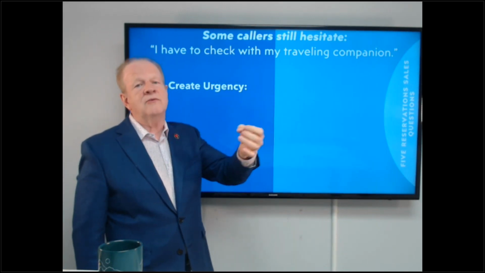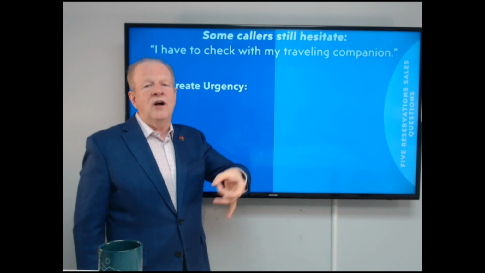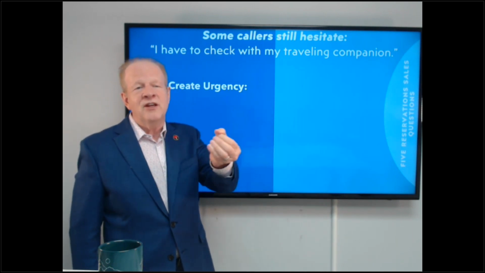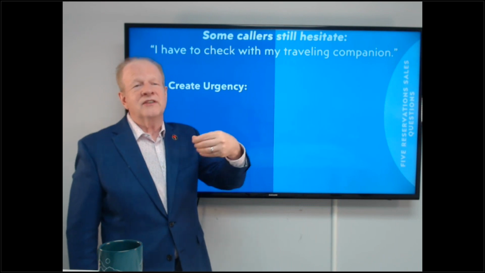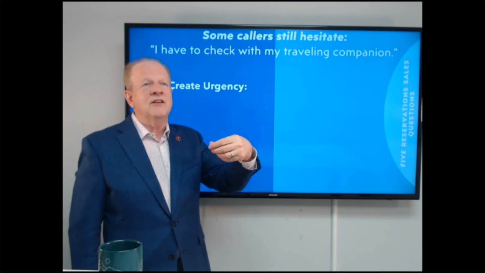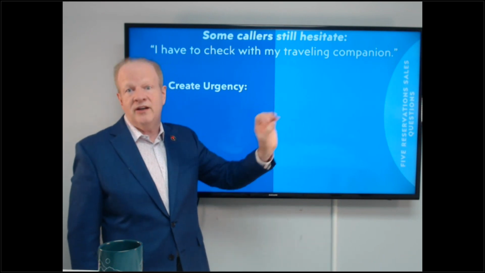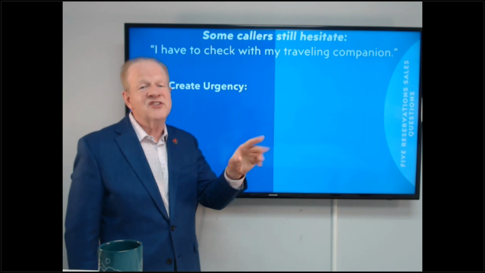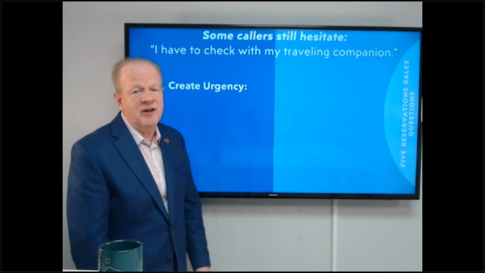And they got to check with their husband, wife, partner, domestic partner, significant other, their roommates. Let's see, who else do they have to check with? Their parents, their mother-in-law, the father is going to be paying for the trip. Everybody's checking with somebody. Some will be honest and they're going to say they're just shopping around.